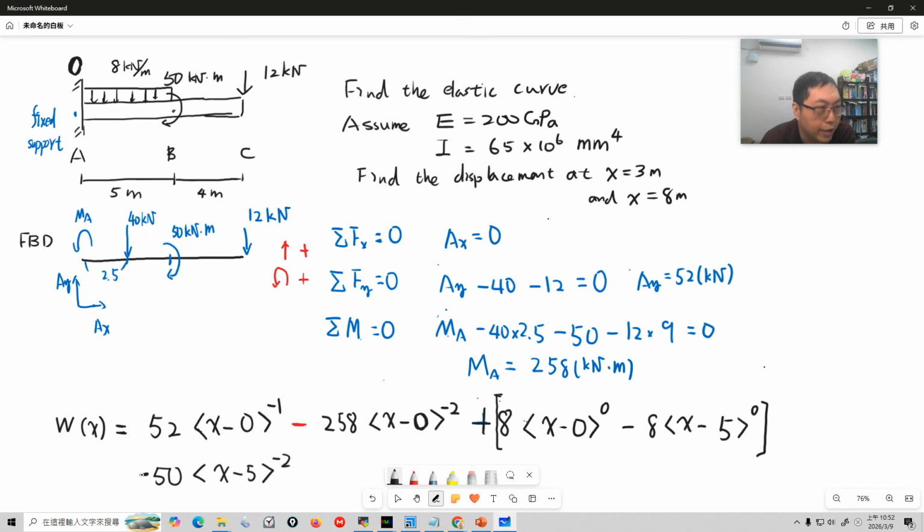But right now we want the internal moment, so we add another negative sign in front of the minus 50. The overall is plus 50 bracket x minus 5 to the power minus 2.